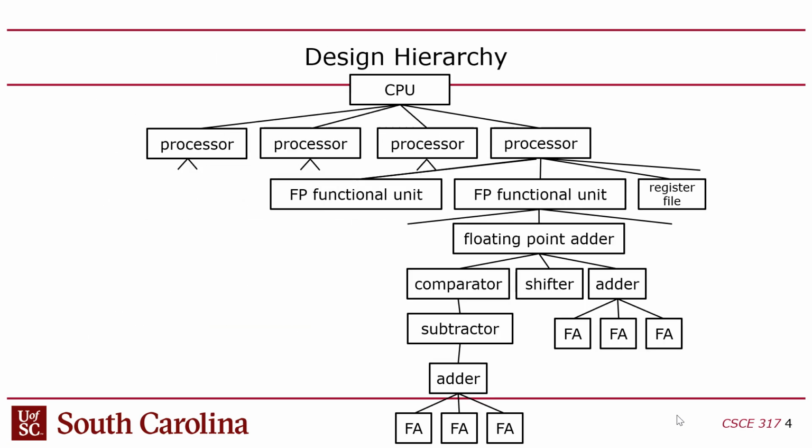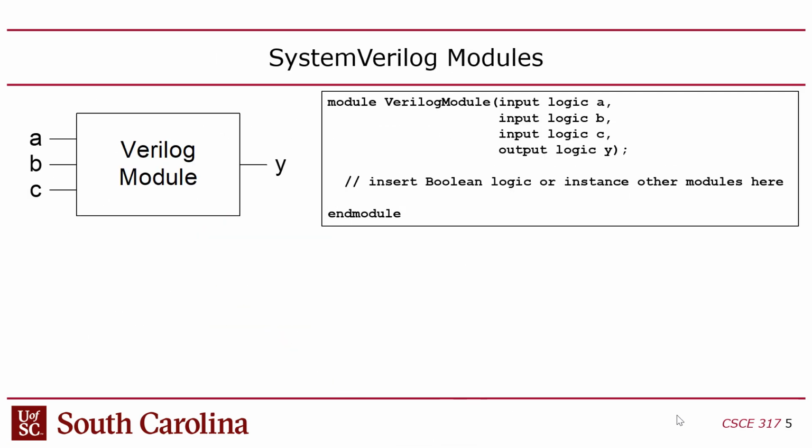Okay, so I think I got through this last time, right? So you guys all remember how to build a module. The module line has the inputs and outputs. We're using this logic type. You don't actually have to say input logic A, you can just say input A, but I usually just include it because you do need it for the outputs.